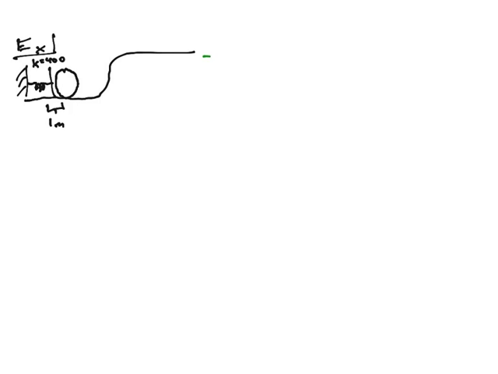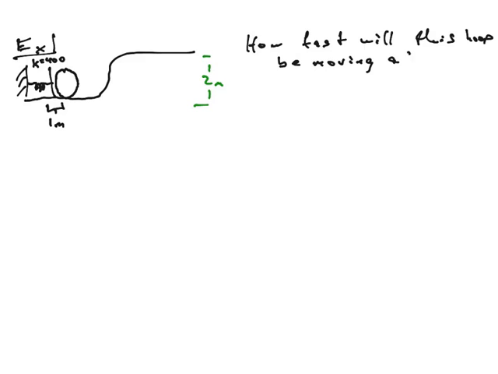And I know that this hill is 2 meters above the ground. The question is, how fast will this hoop be moving at the top? Now, just in case, we'll give some extra information.